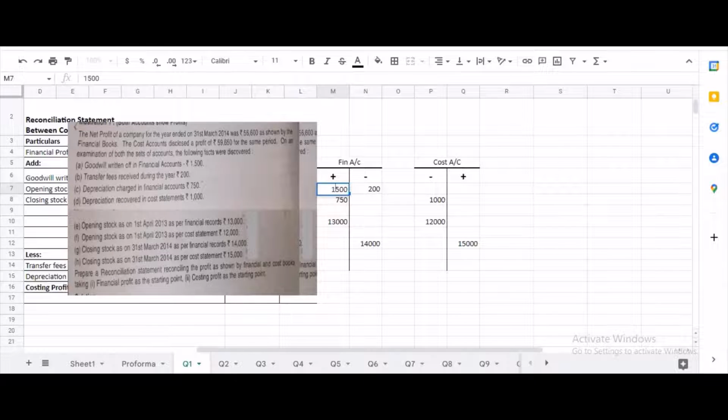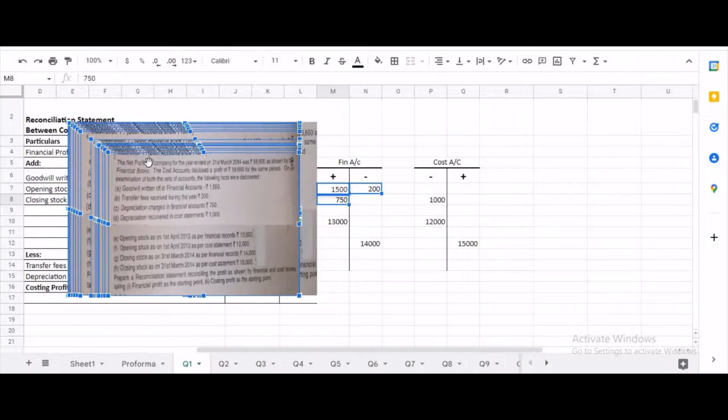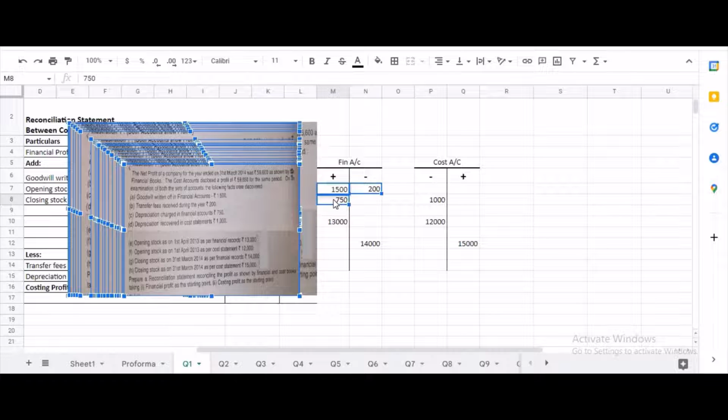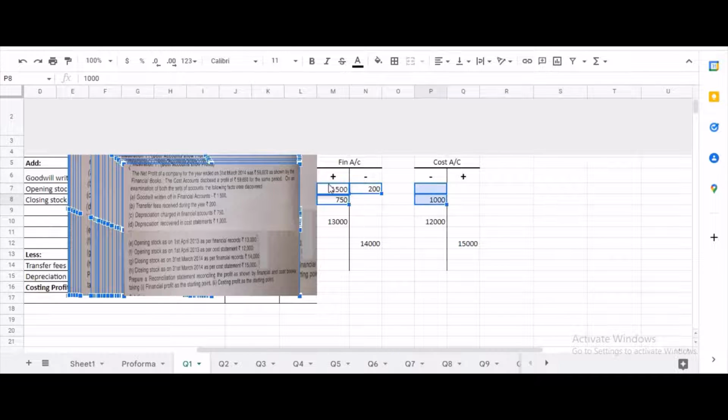Transfer fees received during the year, 200, should be minused; this is not recorded in the cost account. Depreciation charged in financial account is 750, so you have to add it. Depreciation recovered in the cost statement, 1,000, should be minus.